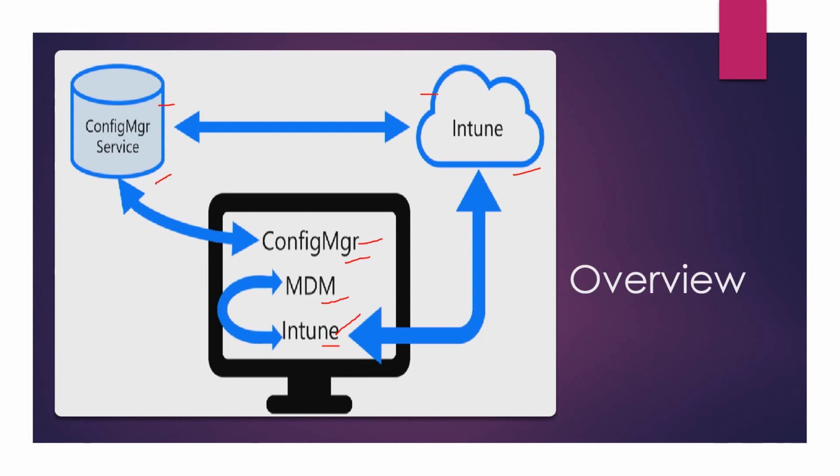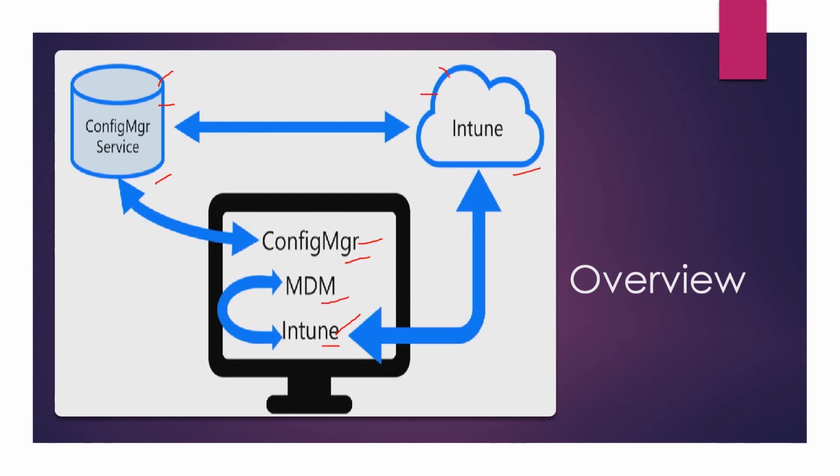When I say that they were talking with each other, I am not saying that the policies from config manager were syncing to Intune like it was in case of hybrid, but a communication channel was established between the config manager service and Intune. When we actually set up co-management, we will see that we have to provide the credentials of our Intune tenant and make that communication happen.